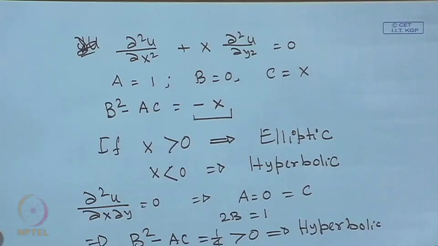So, for a two dimensional case, we can classify the equations in a very straightforward manner, but for a three dimensional problem, we have to really compute the eigenvalues of the coefficient matrix, where the matrix is formed by the coefficients of the second order partial derivatives, and depending on the sign of the eigenvalues we can classify the partial differential equations as parabolic, hyperbolic or elliptic.